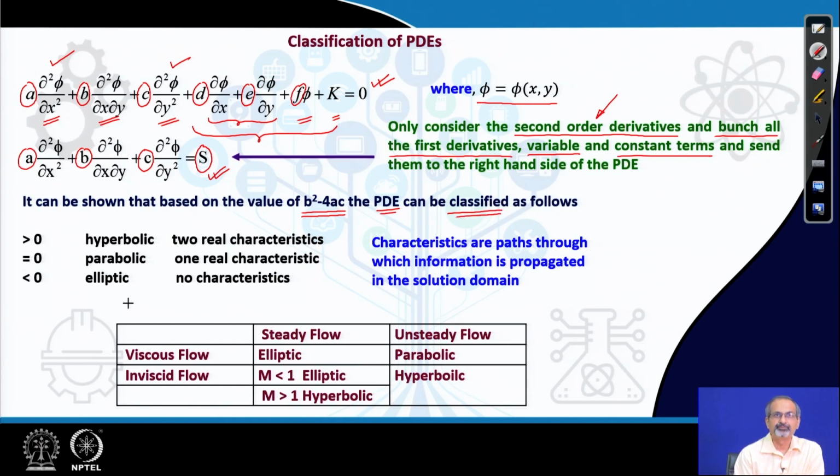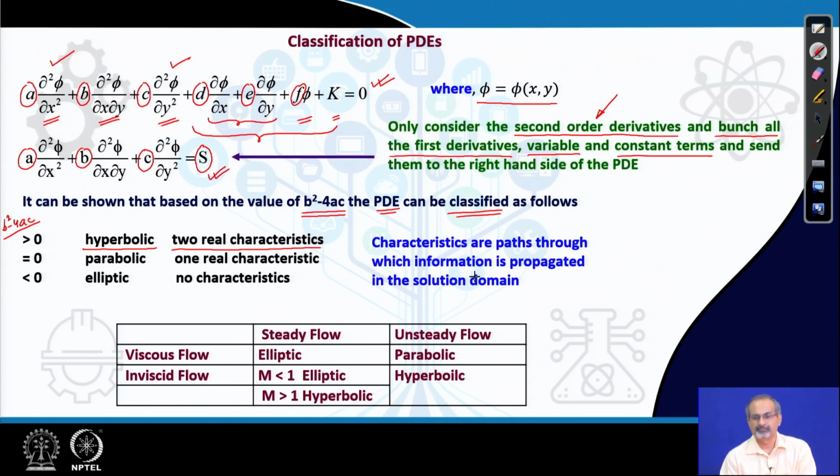How does it help? When b square minus 4 ac is greater than 0, we say that the equation is hyperbolic, where there are two real characteristics.